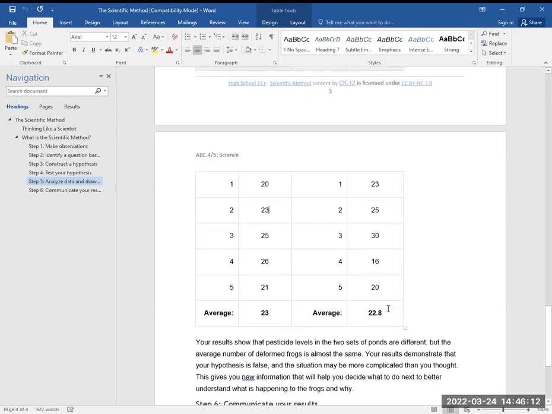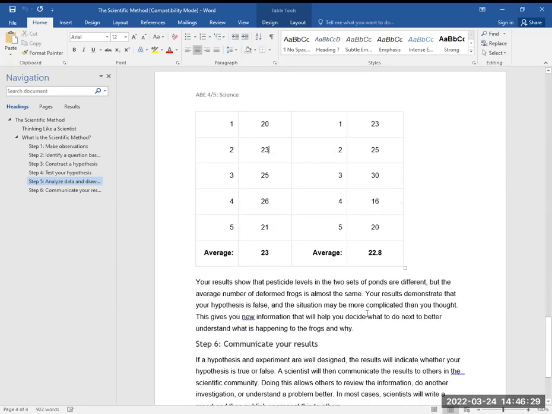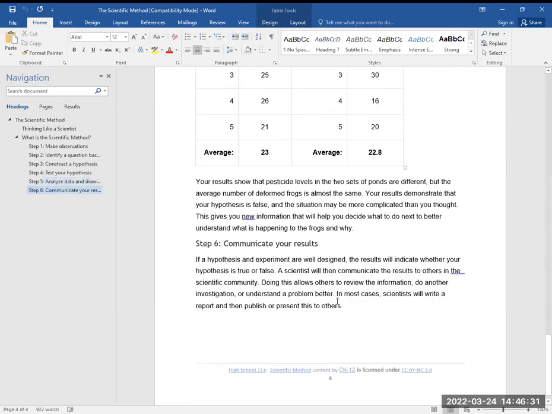So looking at the data, do you think the hypothesis is correct or incorrect? It's incorrect. Why is it incorrect? Right? Exactly. So you can say that this hypothesis was actually proven incorrect.